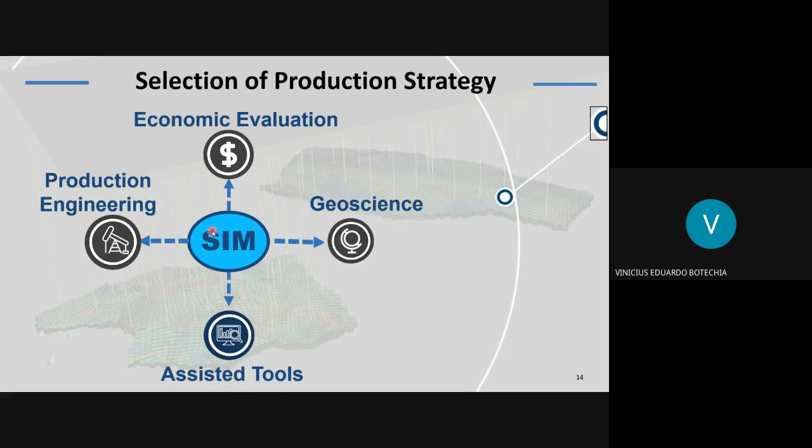So the simulation can be integrated with economic evaluation and with production engineering. You can integrate with production facilities to see if you set the correct boundary conditions, if you set realistic conditions for the development plan, and if it's possible to deliver what you expected, right?